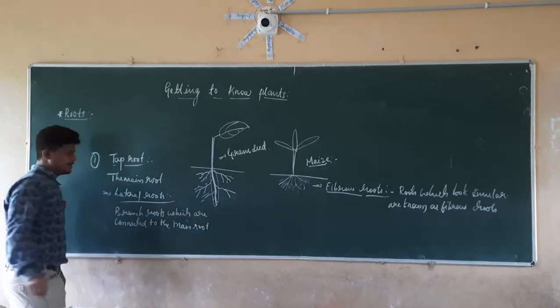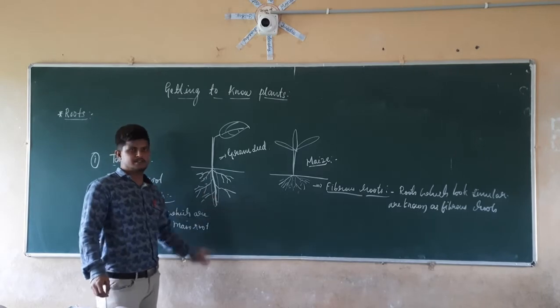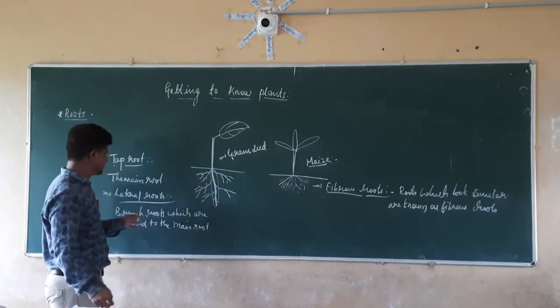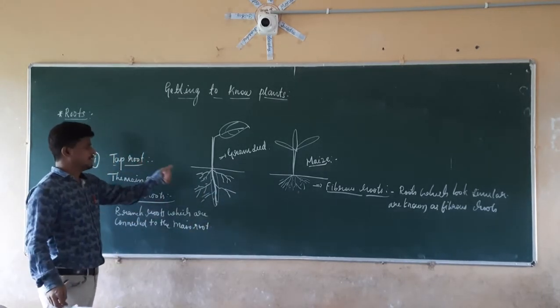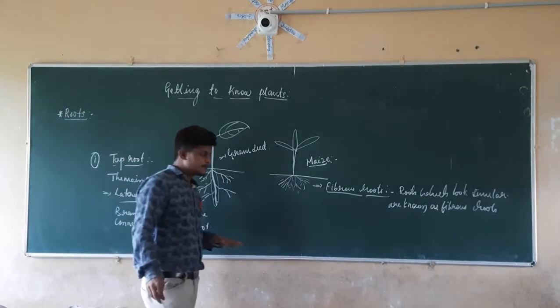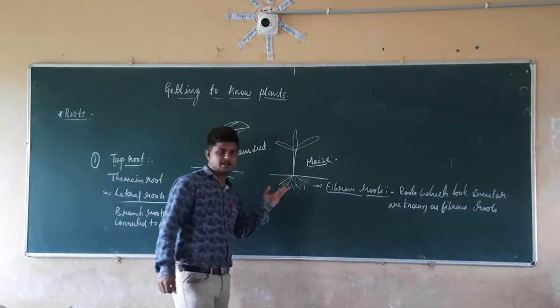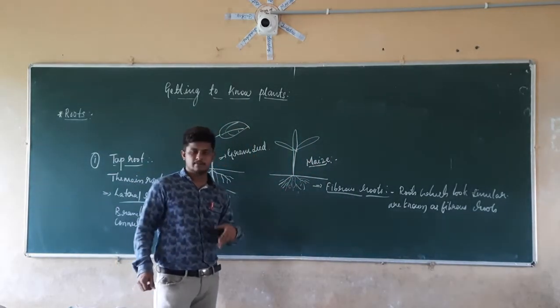These look different, because they are connected to a main root. There will be branches of the roots. So one is the tap root, the main root, and the branches are known as the lateral roots. In the same manner, we have two kinds of plants and two kinds of stem, as well as here we have two types of roots.